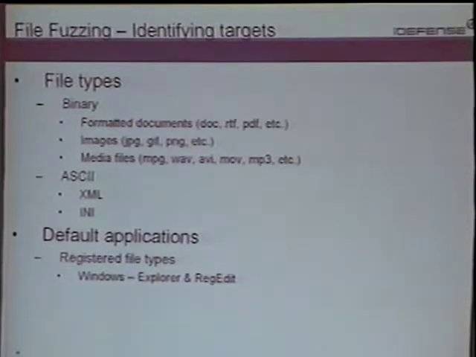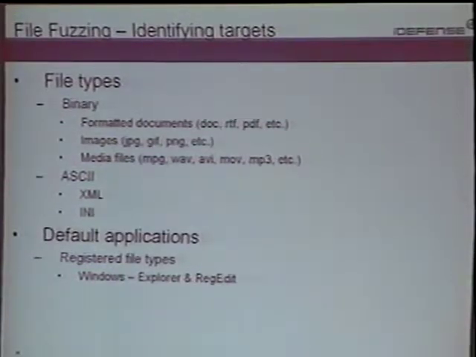So that's the one side of the equation. You can divide those into both binary and ASCII. The tools that we'll discuss later on address both of those. Binary files are binary files. We showed you that MS Word vulnerability. That was an issue in a binary file. On the flip side, we've also done some research on ASCII file formats, typically things like XML, INI files, where you have a listing of name value pairs.